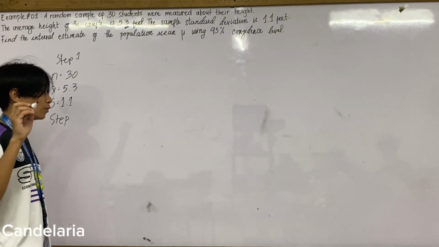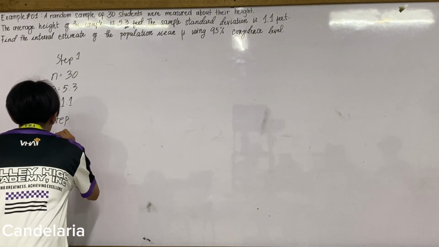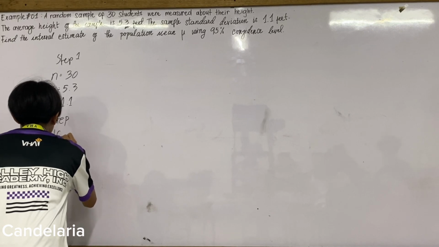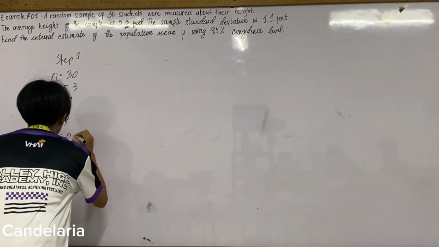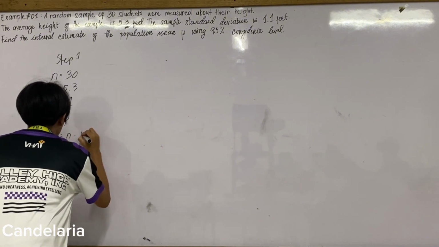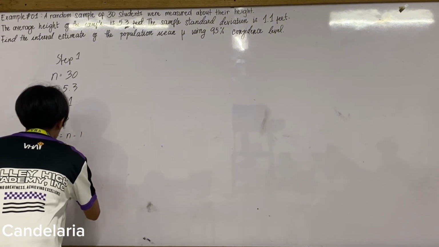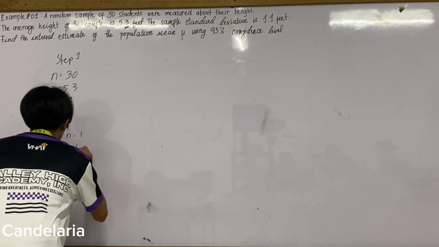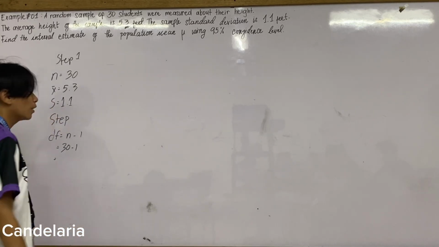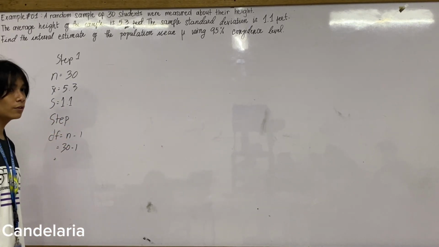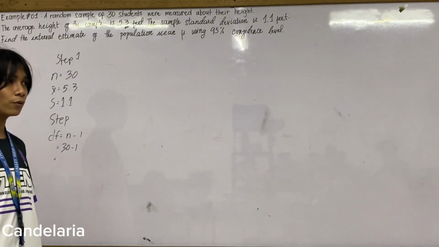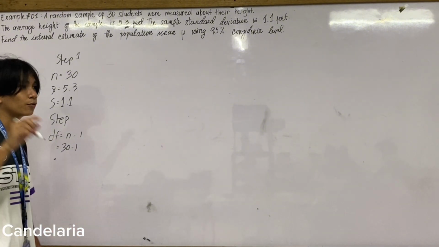We subtract 1 from n. After we subtract 1 from n, the result is 29.